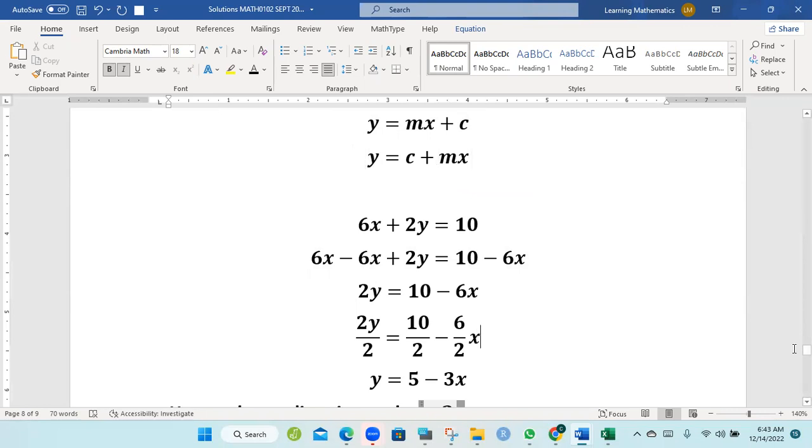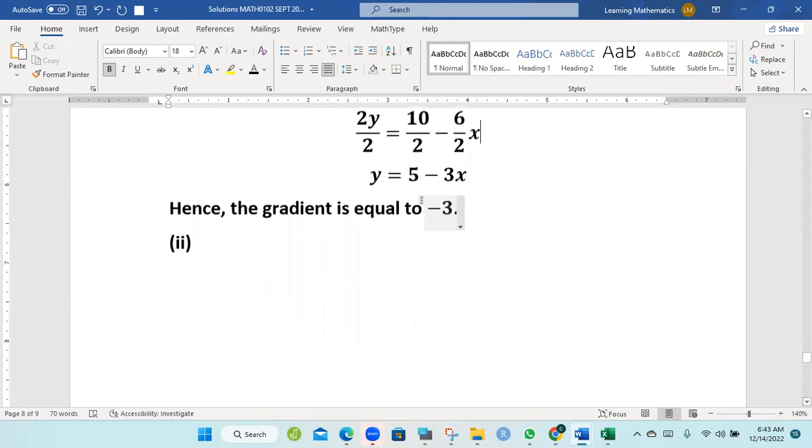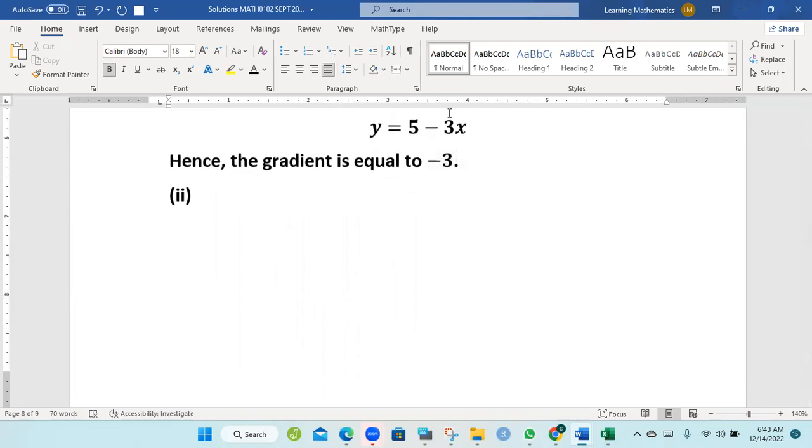Just like when we have y is equal to 5 minus 3x, the 5 is the constant, the 5 is the y-intercept. So here, in y is equal to 5 minus 3x, the y-intercept will be 5. Right, so that's part 2. The y-intercept is 5. So now we have to find part 3.